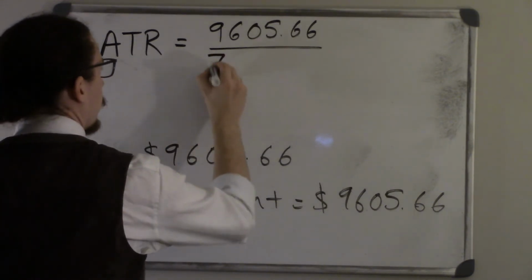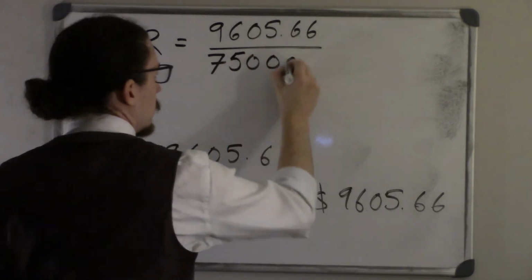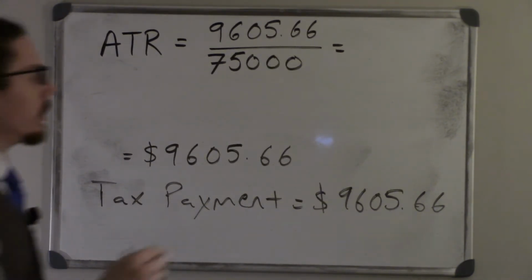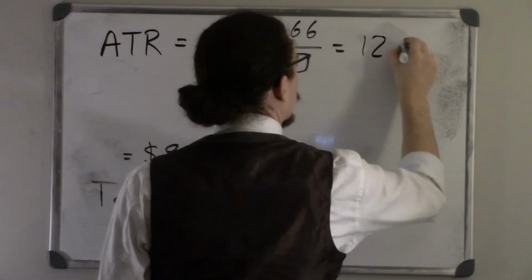Our total income is $75,000. And that's going to give us a tax rate of 12.8%.